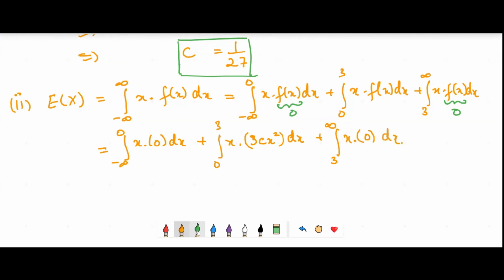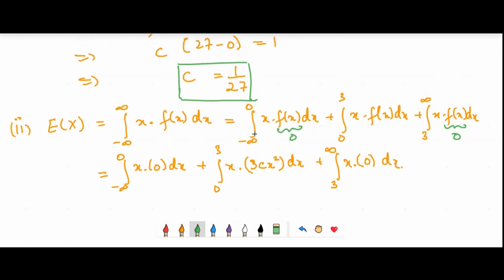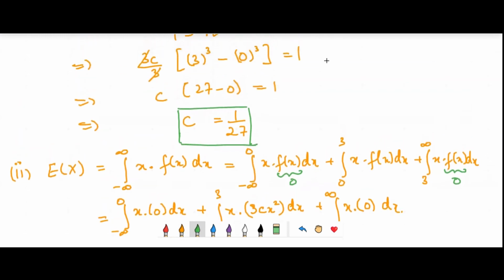So now as we can see that we have already found the value of c here, what we can do is find out the value of fx by substituting the value of c. So in 3cx square, 3c would be 1 upon 27 x square. This would be from 0 to 3, and it is 0 elsewhere.